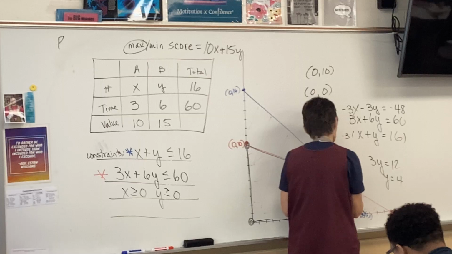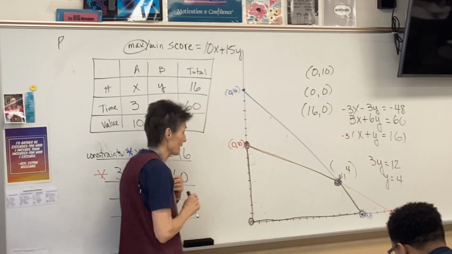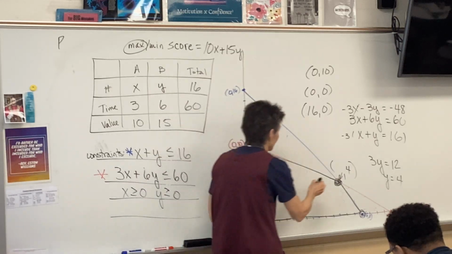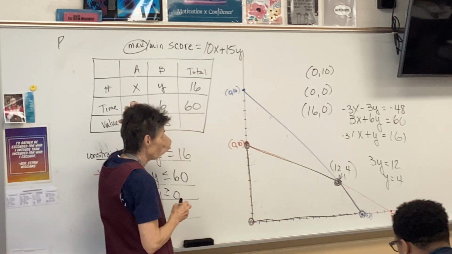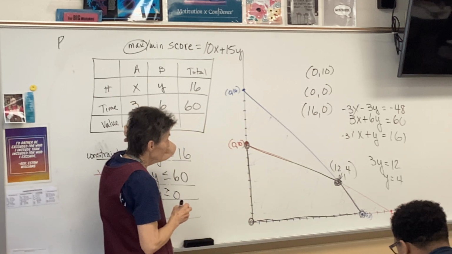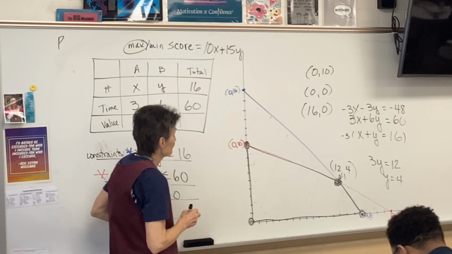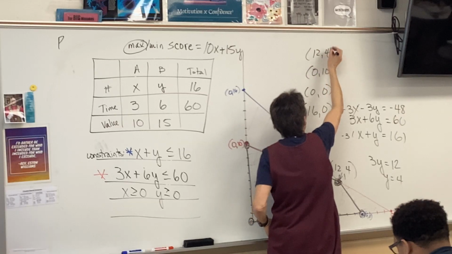I'm using elimination here. You can use Cramer's rule if you want, to practice it. I got 12, 4. So that is my 4th point.